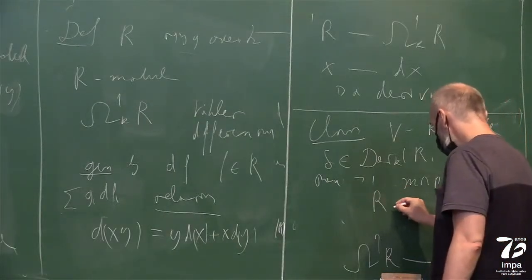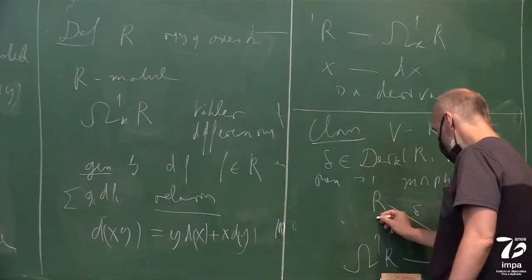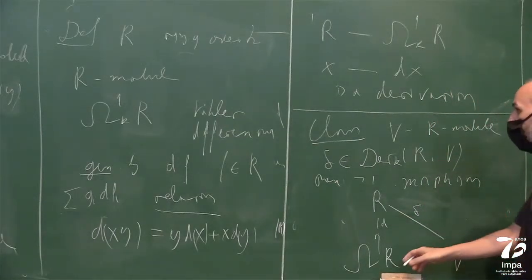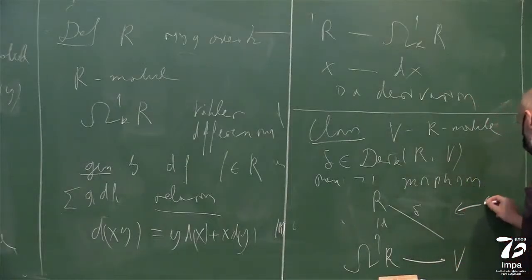You have R, here you have delta, here you have D. This is commutative.